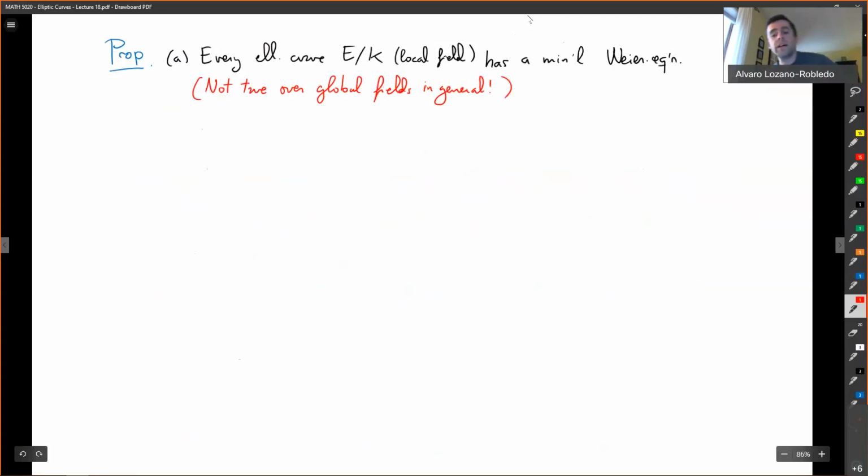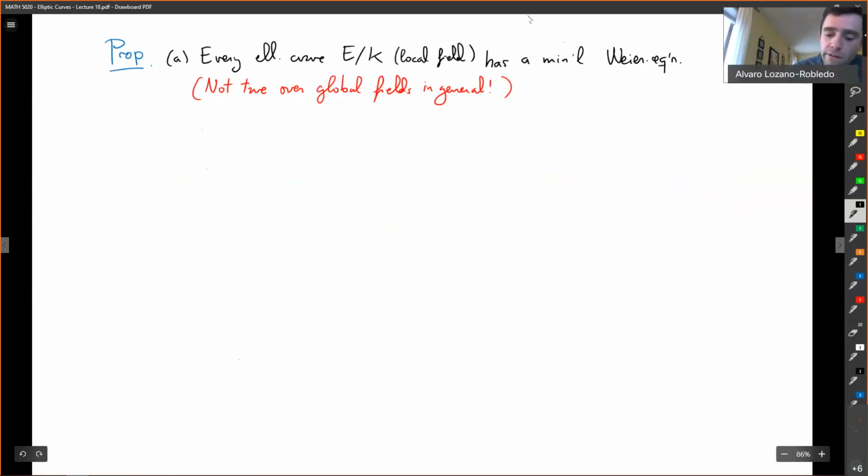Over global fields, that equivalent statement would be an elliptic curve over a global field K, such as a number field, where it is minimal at all primes of the number field. And that is not true, I think, in particular when the class number of the number field is bigger than 1, then it might not be true.